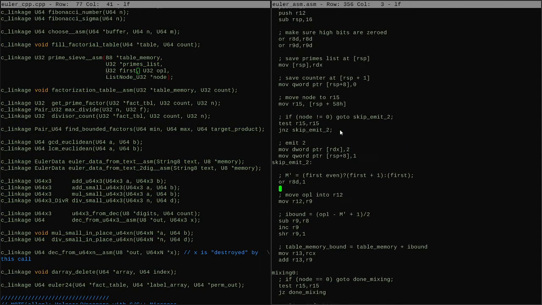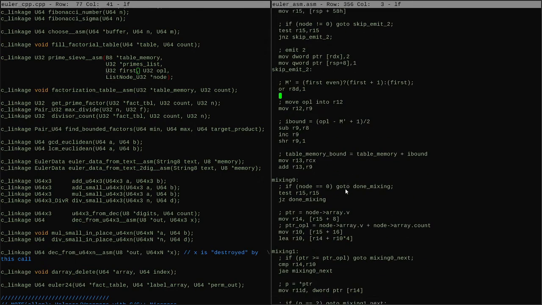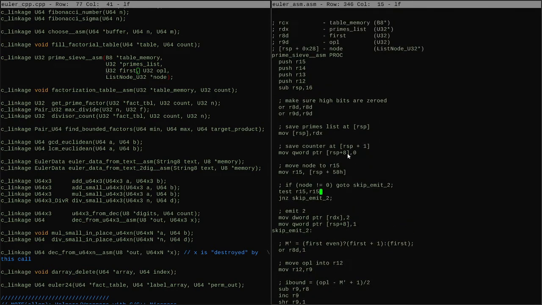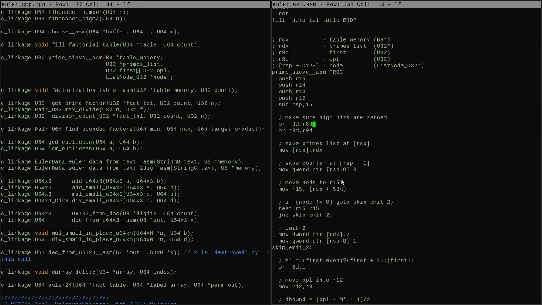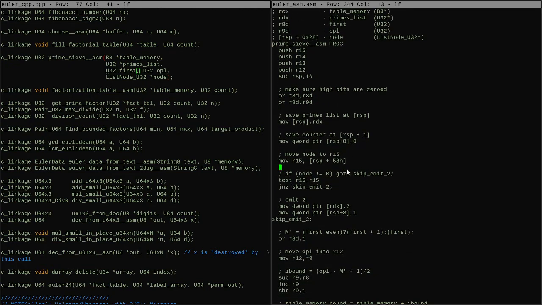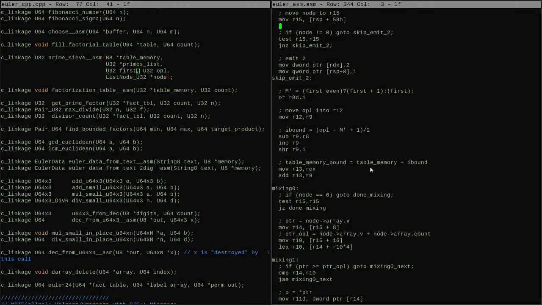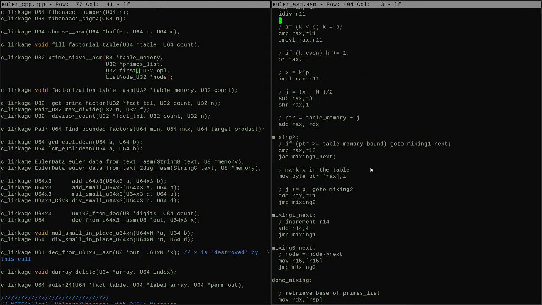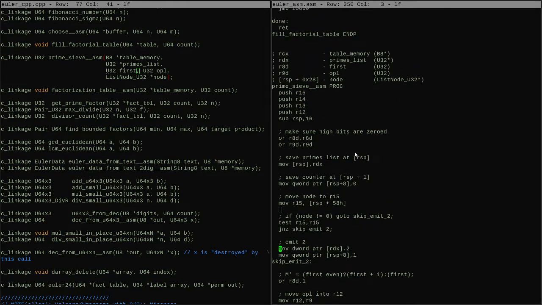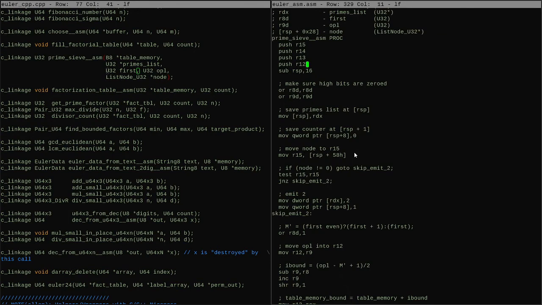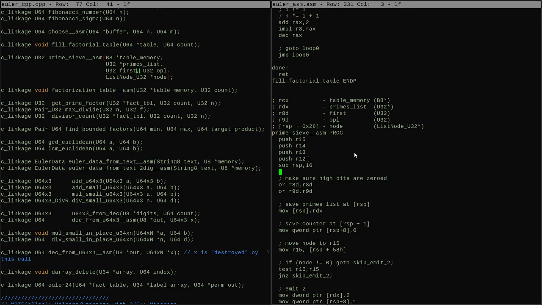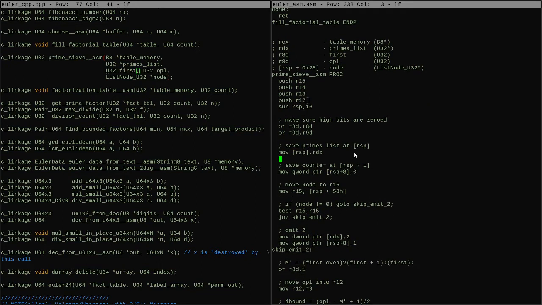So let's see, how do I want to do this? I already have all these registers being used. Do I have any calls in this function? This is prime sieve. Prime sieve does not use any calls.